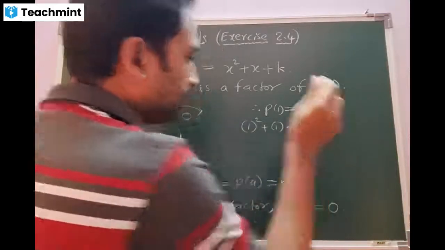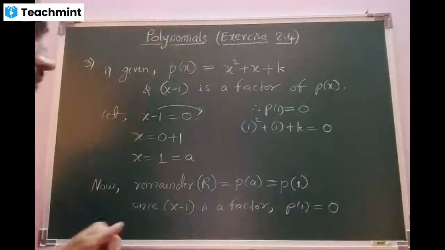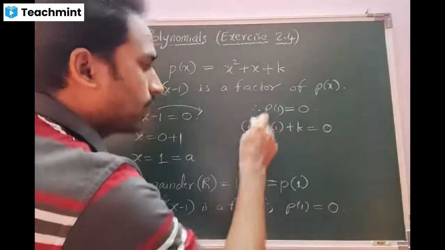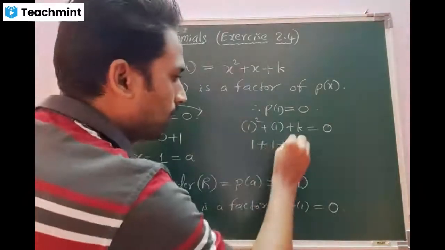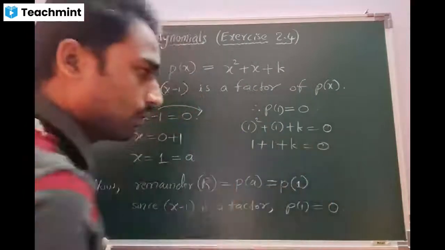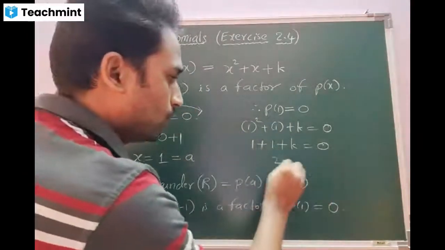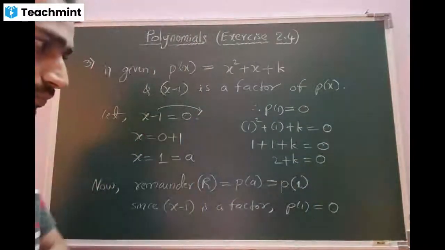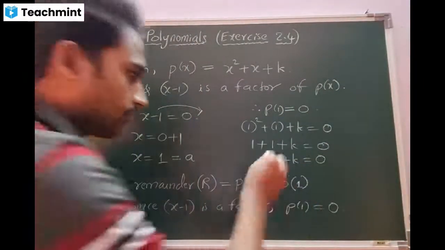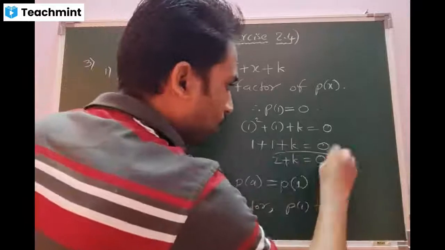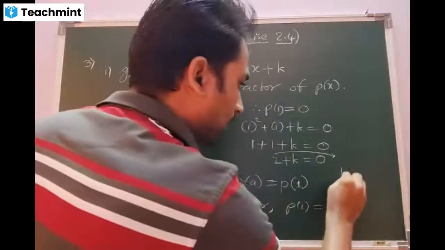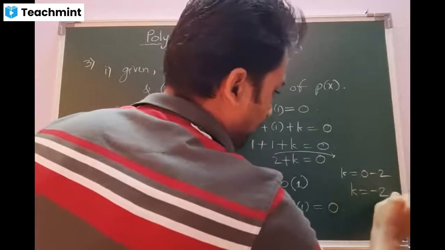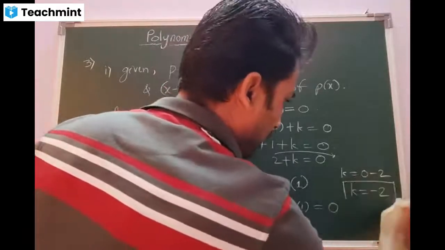Is that clear, beta? Open the bracket. 1 squared is 1, plus 1 gives 2. So 2 plus k is equal to 0. Send it to the right side. What will be the final answer? k is equal to minus 2. Zero minus 2, nothing but minus 2.